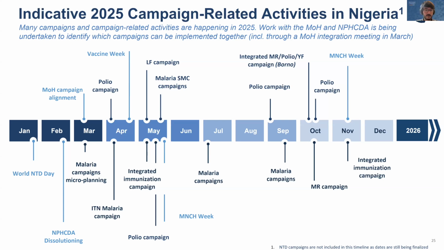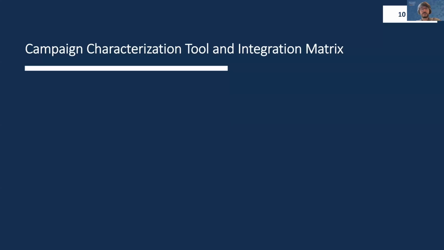All right. So the last tool we wanted to show to you today is the campaign characterization tool and the integration matrix that we have used in both our focus countries, and how the tool can support countries in identifying where campaign integration is most feasible.